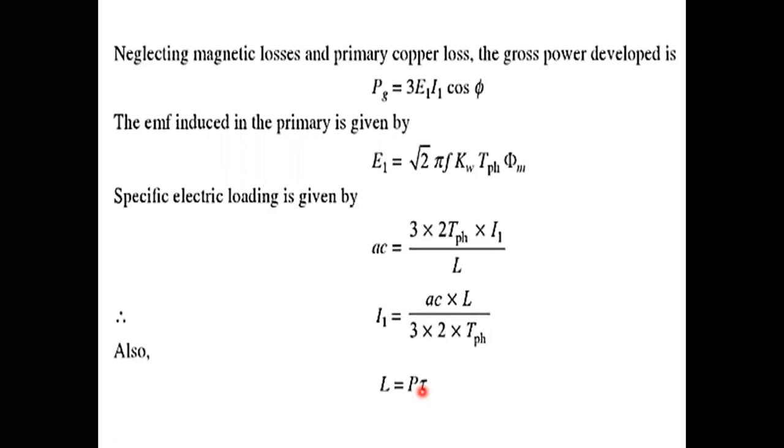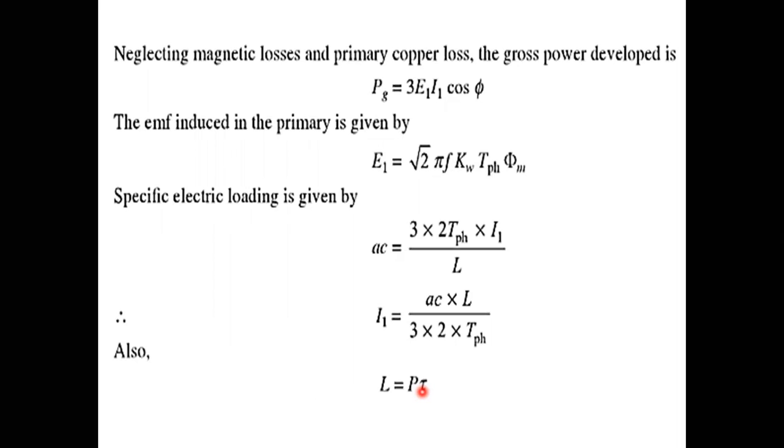Next, we neglect some magnetic losses and primary copper losses when finding how the gross power is developed. Magnetic losses, that is core losses, and primary copper losses can be neglected here, and then we get the gross power developed.